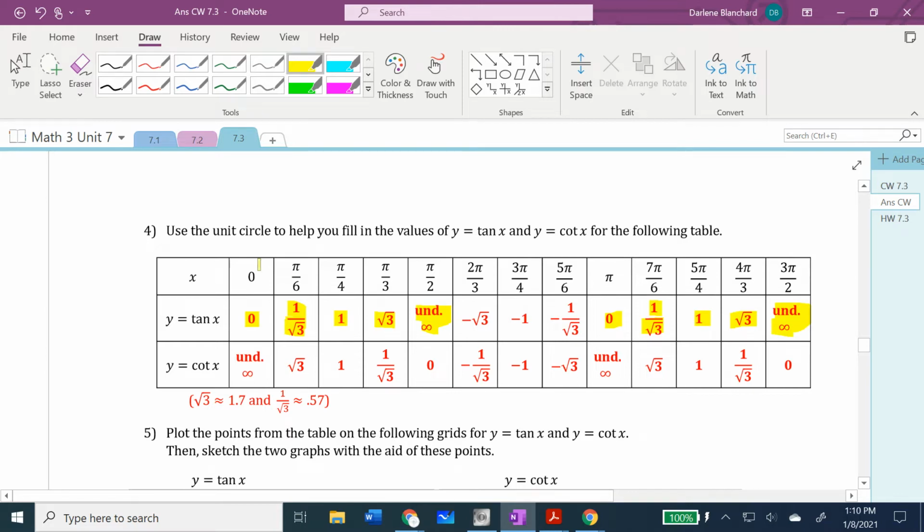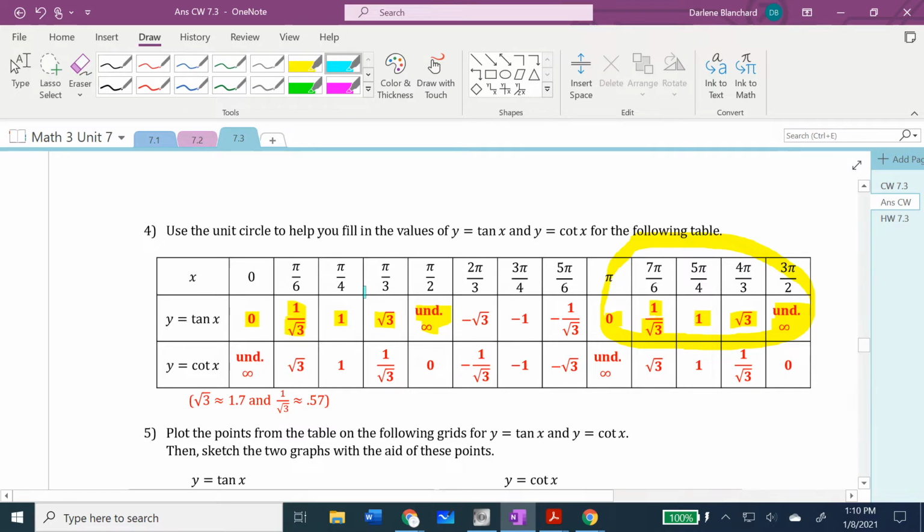Now, I decided to make this chart only go from 0 to 3 pi over 2 because I needed to begin to show you the repetition, but I didn't want to do overkill, which this probably borders on, I know.